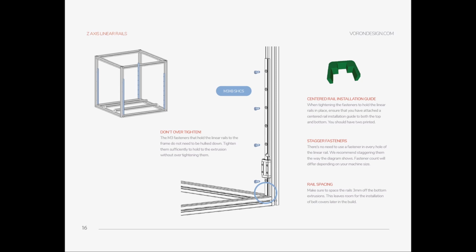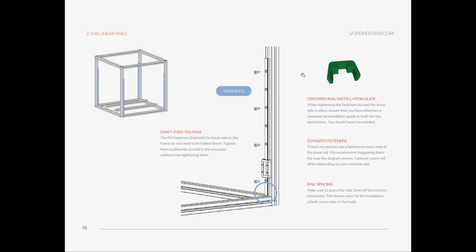And while you are putting your carriage on your frame, use the center rail installation guide. It's in the STL folder. You have to print these two, one at the top, one at the bottom. This will help you to center your rail on the frame. And like it's also mentioned, don't over tighten these bolts, and you need to bolt it every other hole.